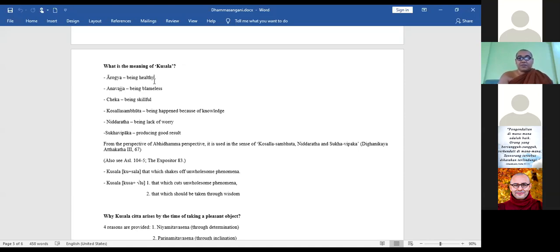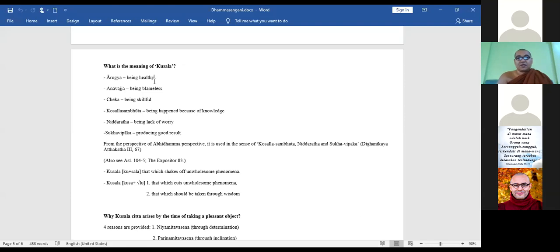both physically and mentally. So that's why the word kusala has this kind of meaning, but the Digha Nikaya commentary tries to specify the area and the applicability of the meaning of kusala. In the Jataka, Arogya is mostly used.